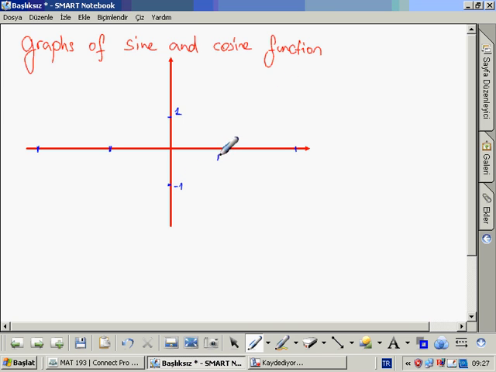This point is pi over 2, and this is pi, and this point is minus pi over 2, and this point is minus pi. Okay, and the cosine function will be like that.